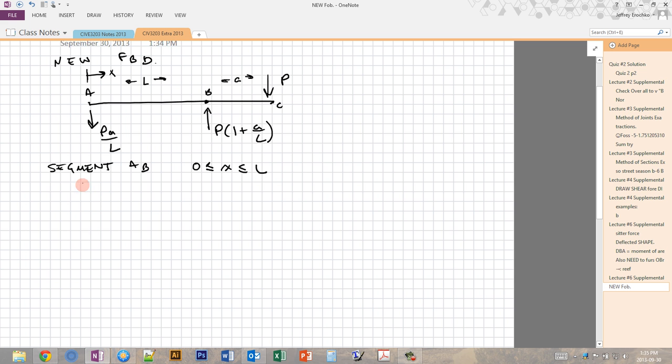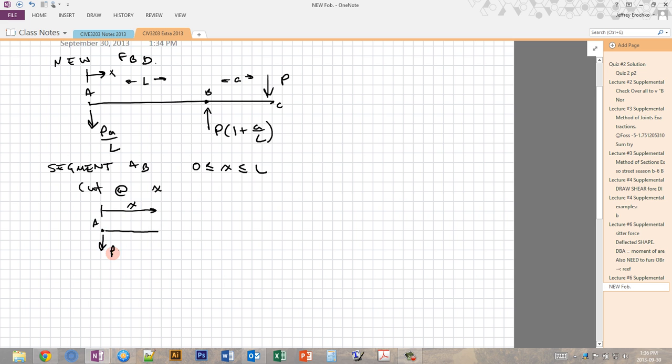And what we do is we just take a cut at general position x, which is between A and B, and so we get a free body diagram that looks something like this. Okay, so this is A, this is x. This is our beam, right?